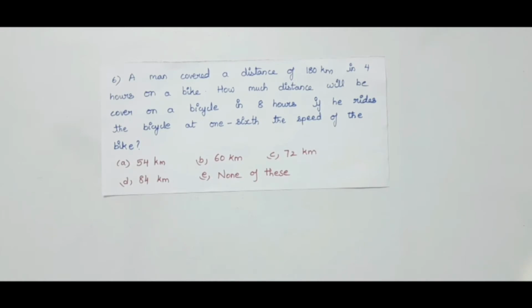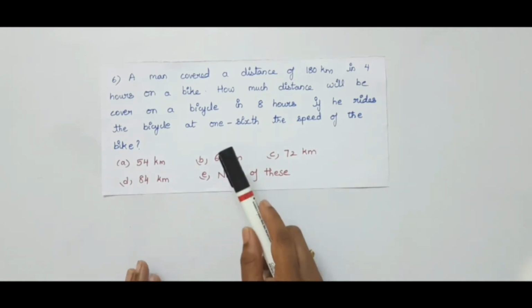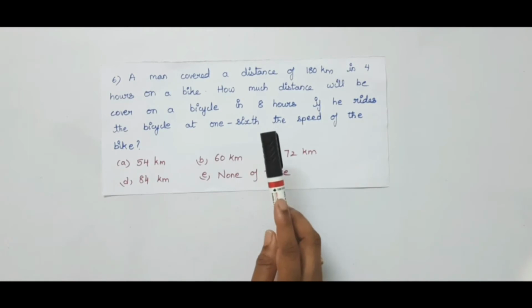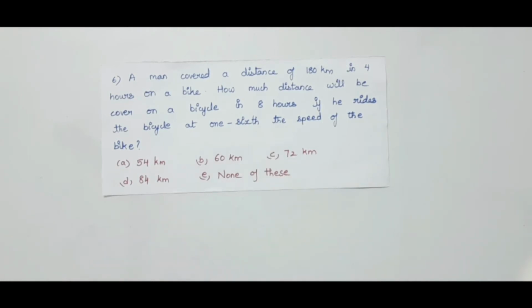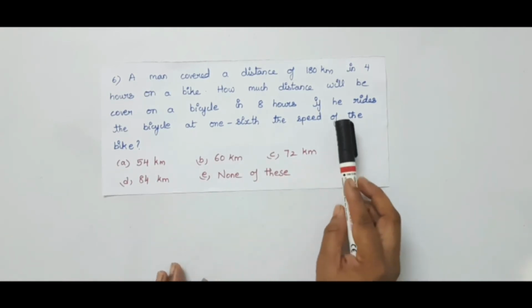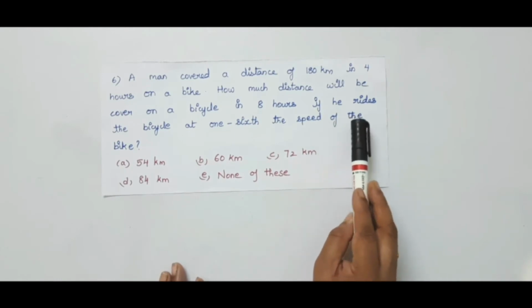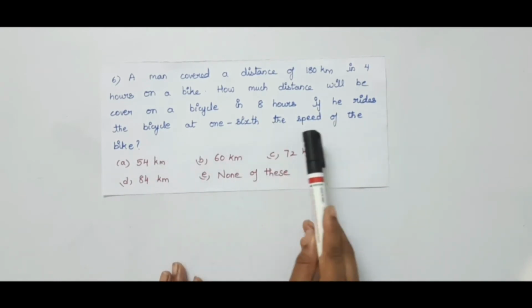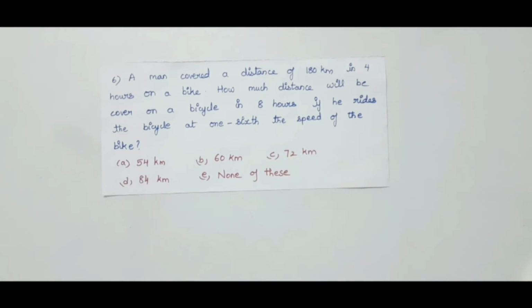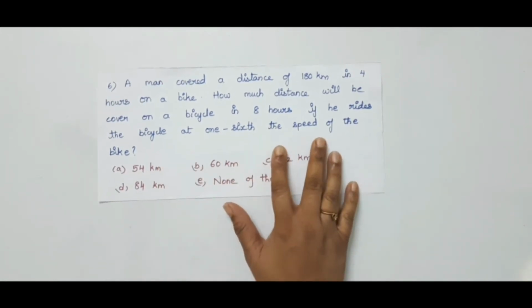In this problem, a bike and a bicycle are involved, and he gave a relation in a statement saying that the speed of the bicycle is 1/6 of the speed of the bike. So first, to get the speed of the bicycle, we need the speed of the bike.